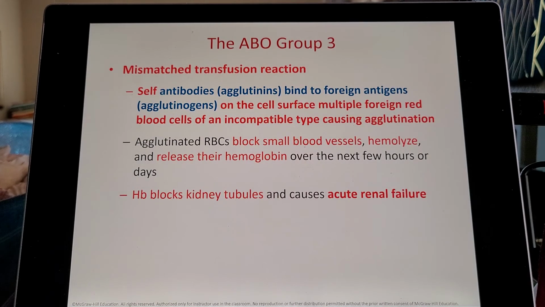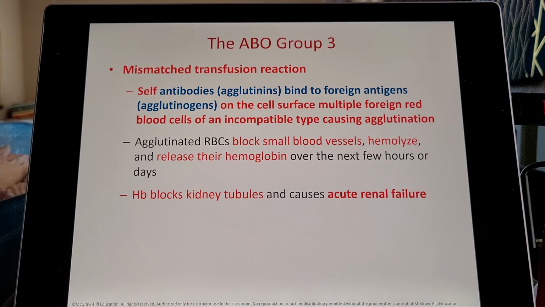So, mismatched transfusion reaction, you got the wrong blood. Our self-antibodies, the ones our body creates against the other blood types, so our own personal agglutinins, will bind to foreign agglutinogens. This is the blood that has been donated and transfused into your body.